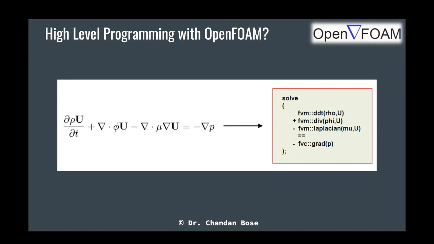So fvm, which is called finite volume method, is a class defined in the namespace of Foam, which does implicit calculation. And the second one is fvc, which is called finite volume calculus. It is another class which is defined within the namespace Foam, which does explicit calculation. Right? And now I'm not going to define what is explicit, what is implicit.